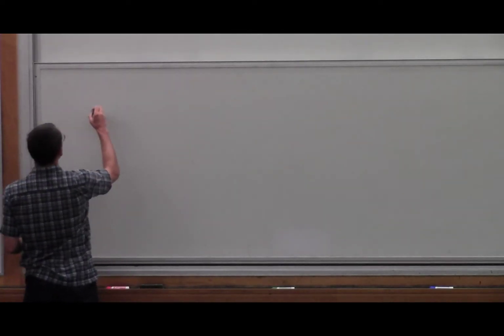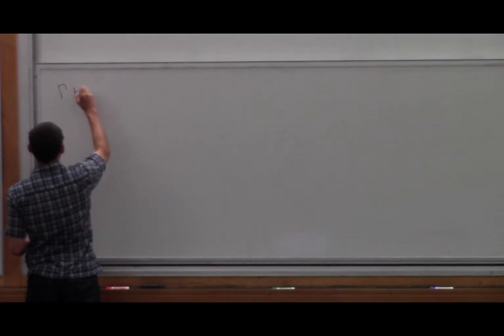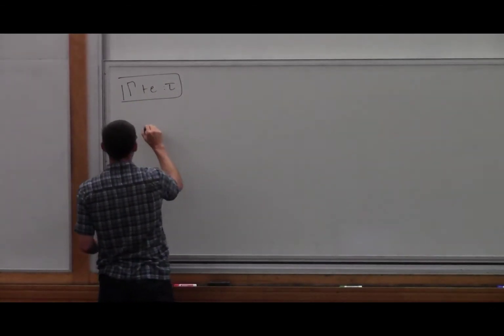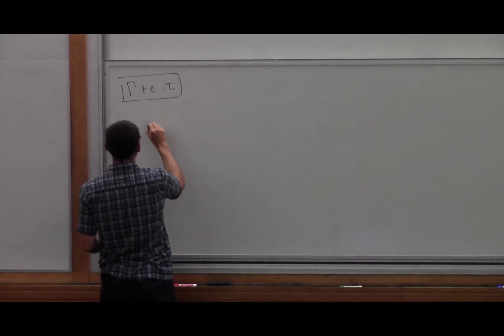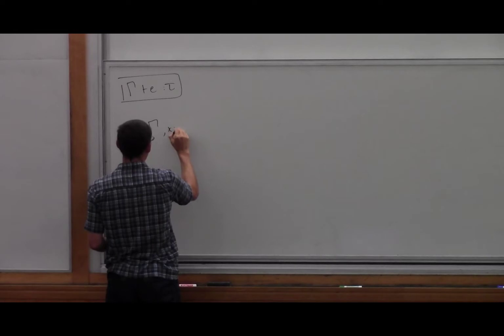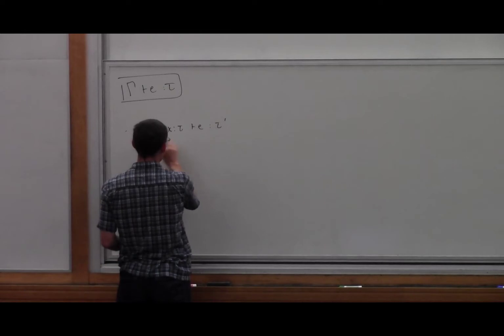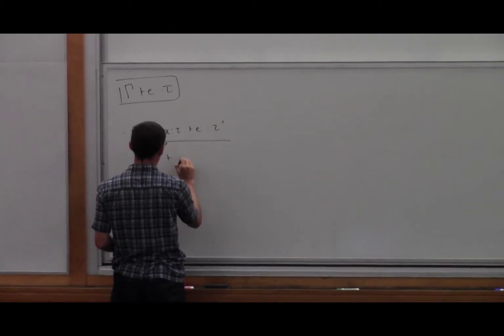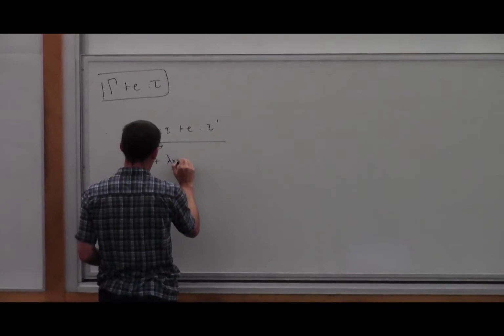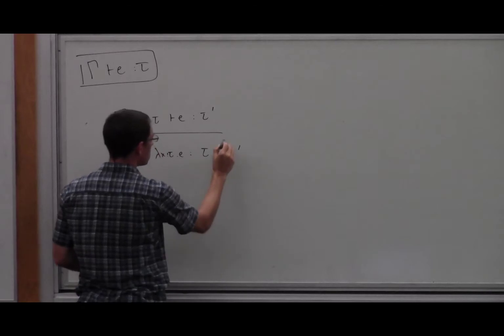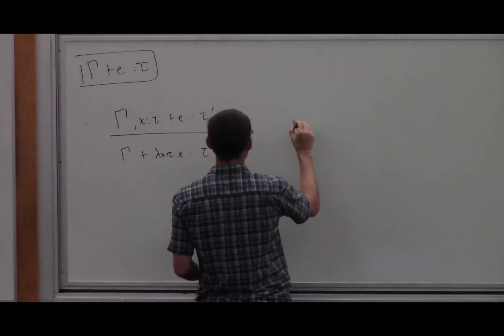So our type system judgment looks like this. And we'll say that there's our rule for lambda.